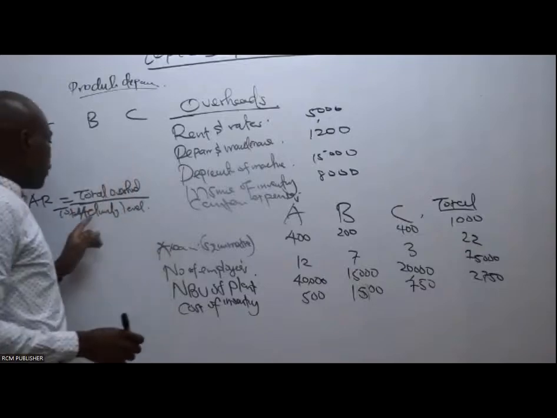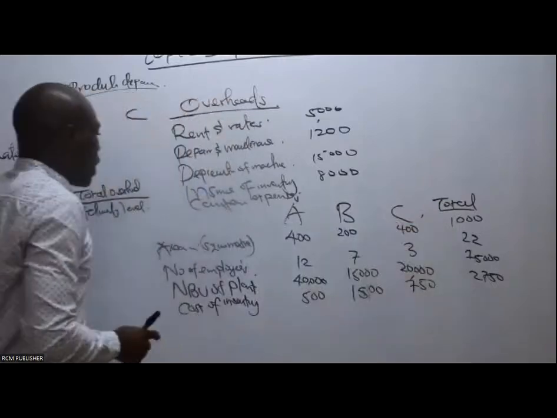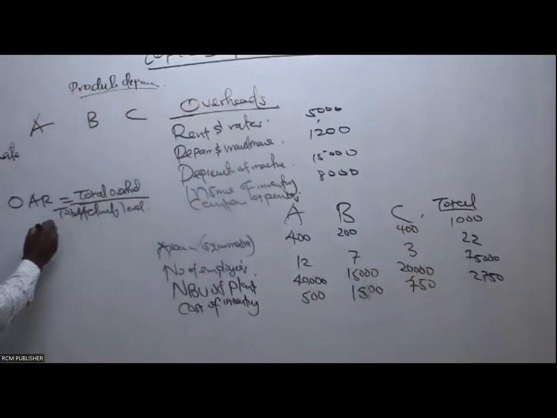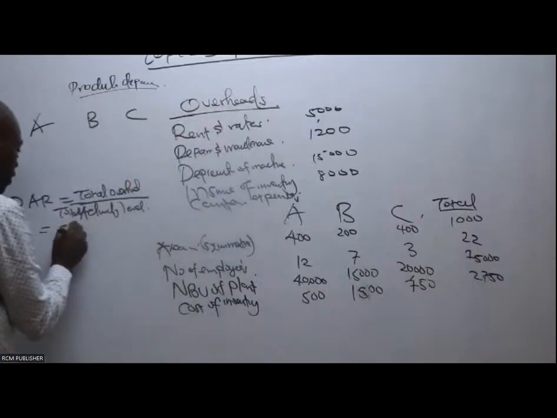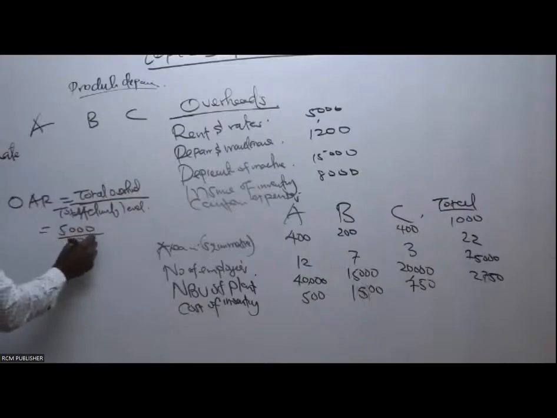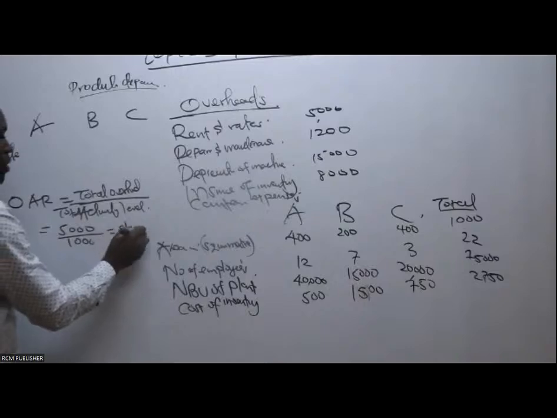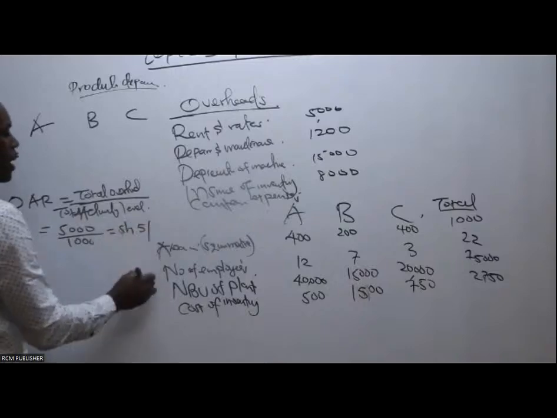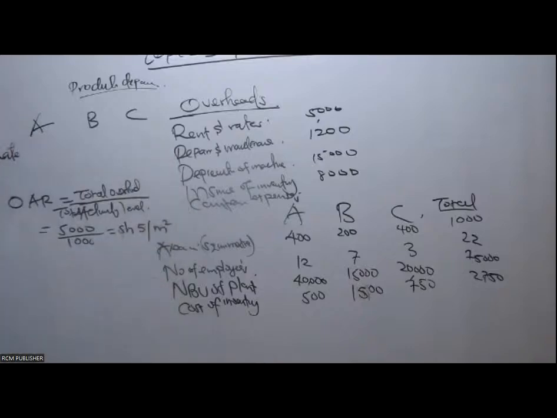We are going to pick the total activity level, which is the total area. So our budgeted or total overhead for rent and rates is the total amount of 5,000 that we want to distribute to a total area of 1,000 to give us 5. So we're going to have 5 shillings per square meter.